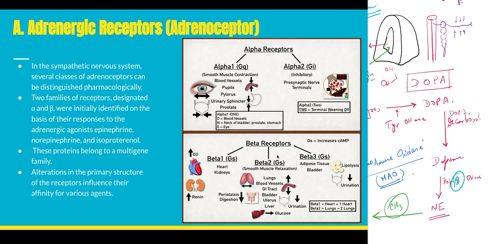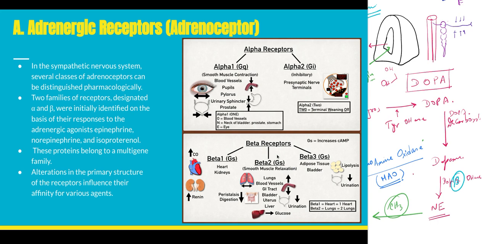That is what I am talking about. So that sphincter is also there. Okay, blood vessel done. Then we have the pylorus area, then the urinary sphincter, then the prostate. So this comes under N: neck of bladder, prostate, stomach.